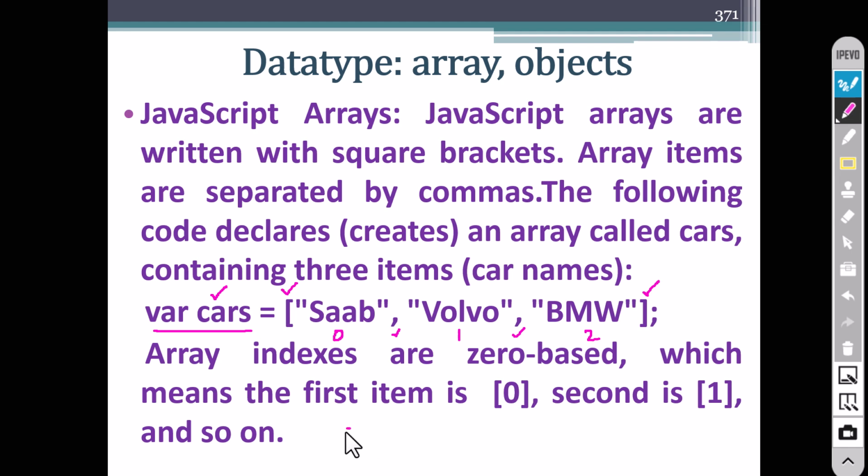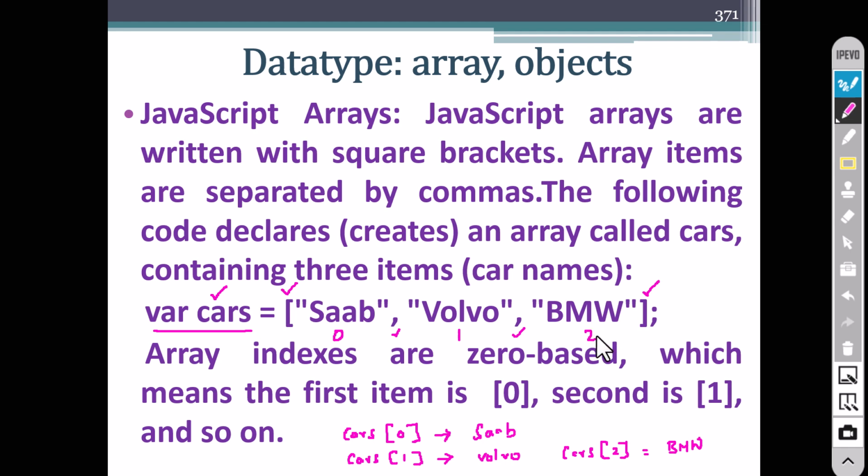So how to actually access? Cars of 0 will give you Saab, cars of 1 will give you Volvo, and cars of 2 will give you BMW. The index always starts with 0 and then increments.